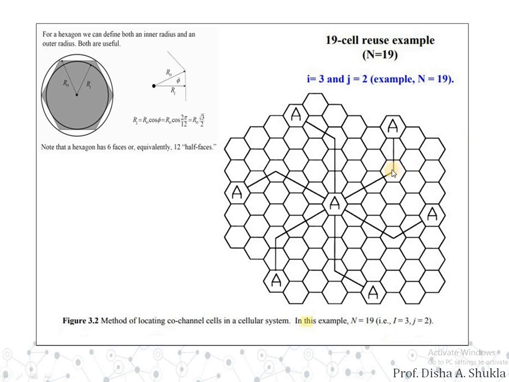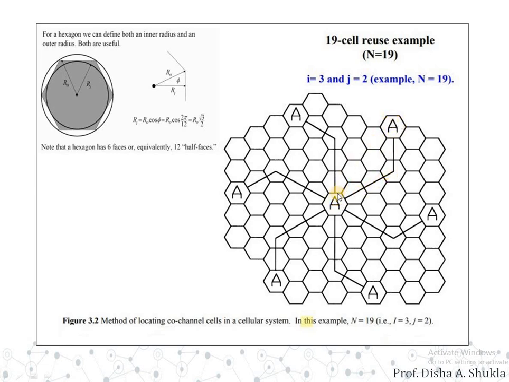The cell that will be located at 60 degrees to this is this 2. So here j will be 2. So what this means is that we have here a cluster of 19 cells, where i's value will be 3 and j's value will be 2.